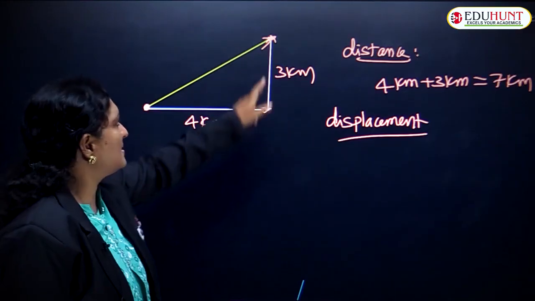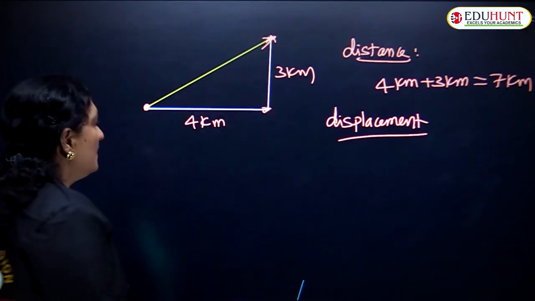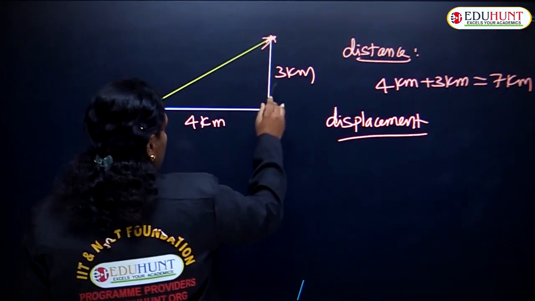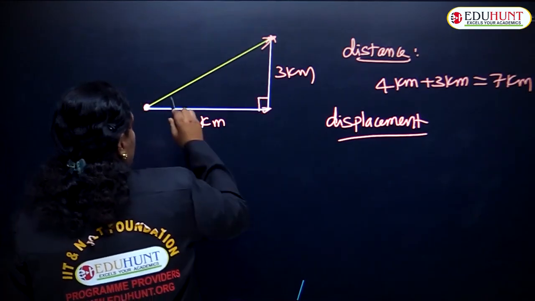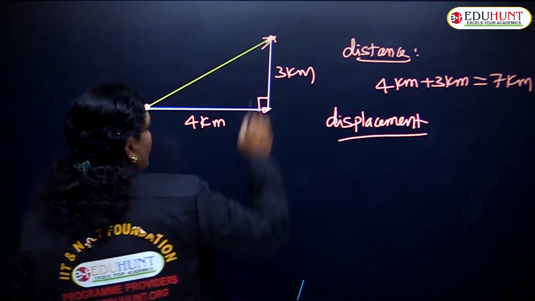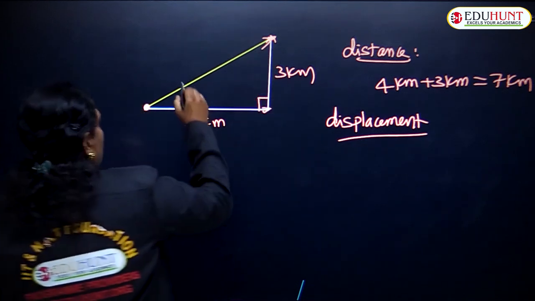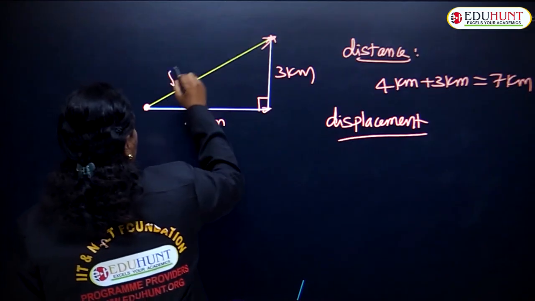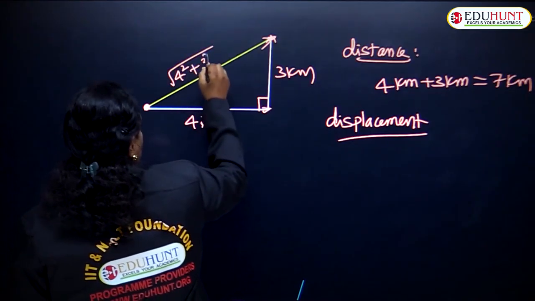So, if it represents a right angle triangle, what would be the length of the displacement? This is 4 kilometers and this is 3 kilometers, and this makes a right angle triangle. Hence, applying Pythagoras theorem, hypotenuse square equals the sum of the squares of the two other sides. So, this equals root over 4 square plus 3 square.